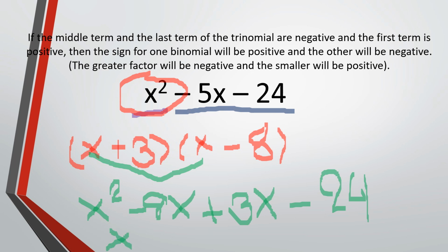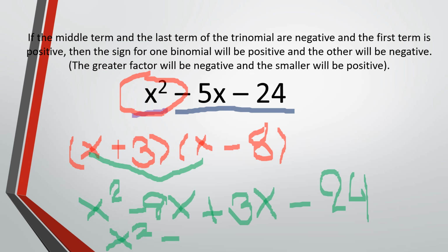Copy the first term. Combine the middle terms, in which we have negative 8x plus 3x. Take note, they have different signs, therefore that means we have to subtract them. Copy the sign of the bigger number. The bigger number is 8, therefore we have to use subtraction here, or negative.